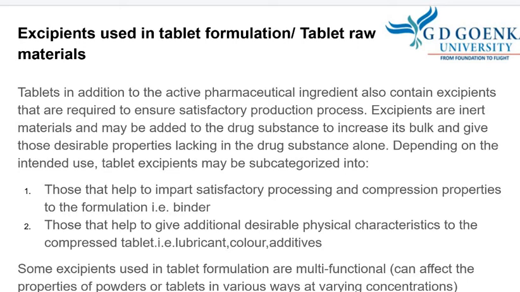The excipients used in the tablet manufacture should not interfere with the pharmacological activity of the drug substance, and as such, they have to be inert. They should also possess the desired particle size distribution and should have adequate flow properties.